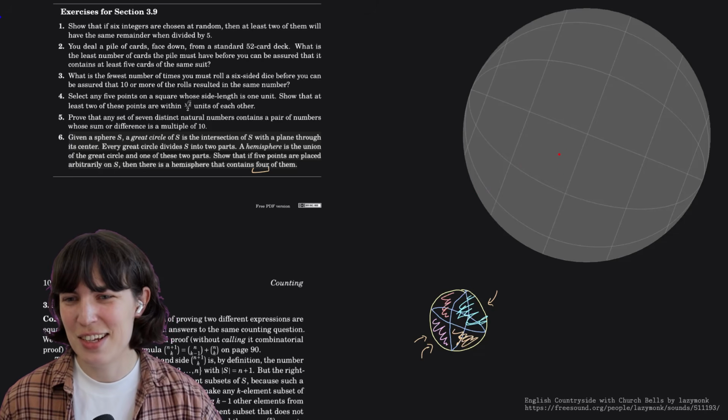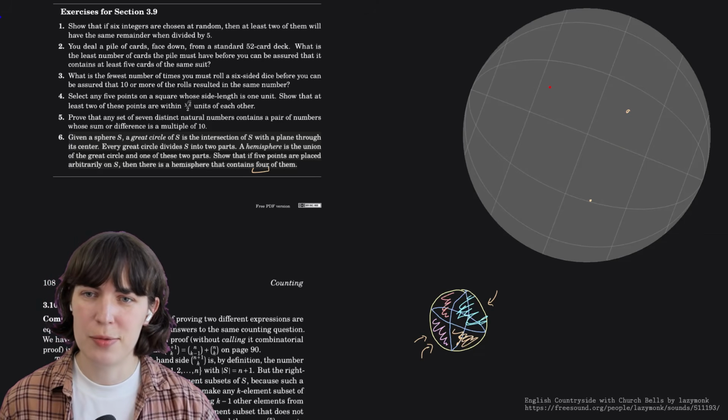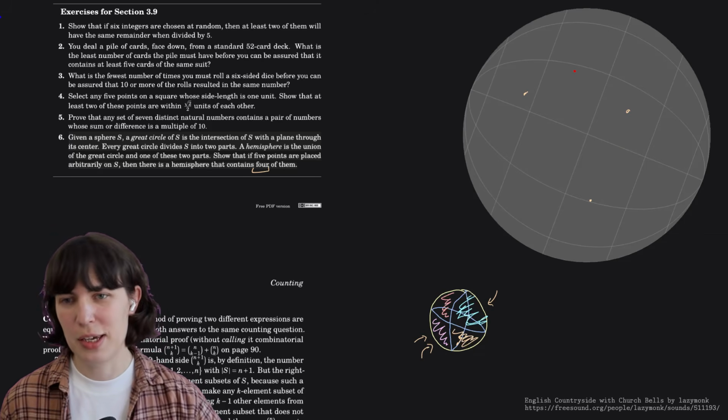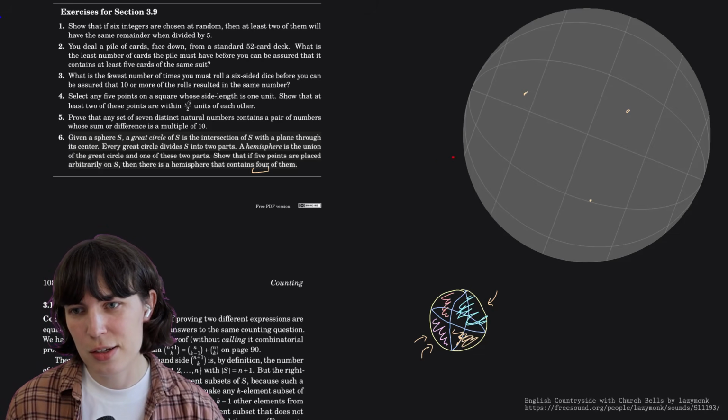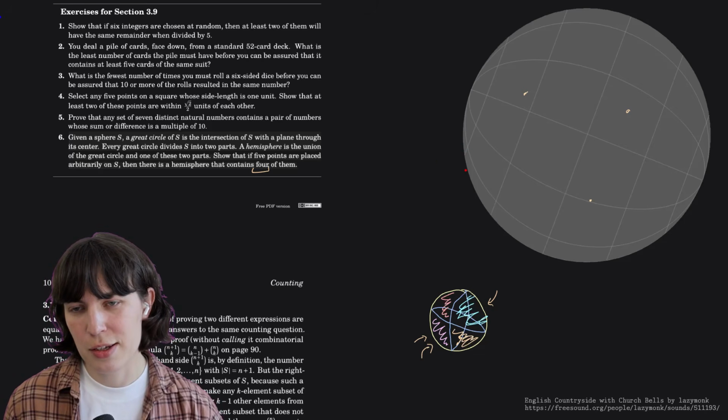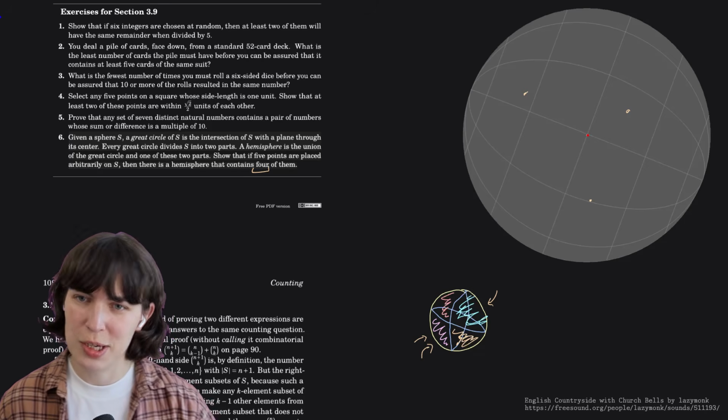Okay. So let's say, like, yeah, we can put something here. We can put something here. We can put something here. And yeah, is there any hemisphere that we could draw from this point that would not have two of them in it? So that's from here.